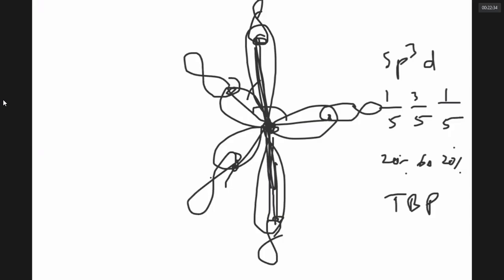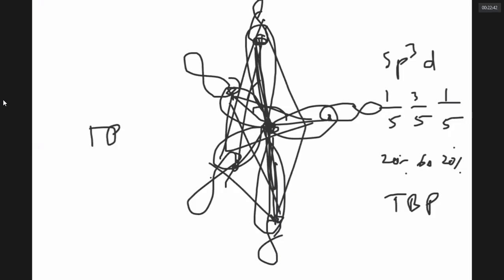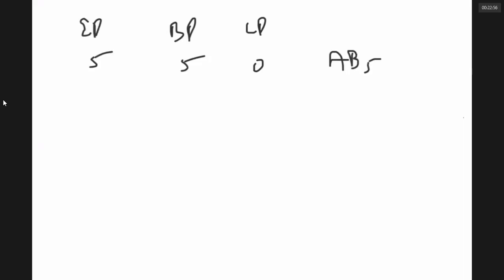So what is the shape of PCl5, sir? Trigonal bipyramid. If all are bond pairs, out of 5 electron pairs, bond pairs are 5, lone pairs are 0, it is AB5, hybridization is sp3d, shape is trigonal bipyramid, PCl5.